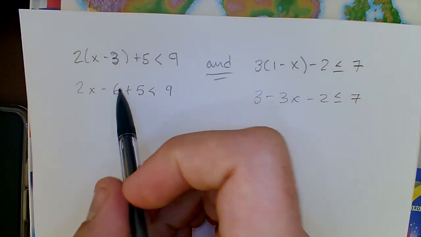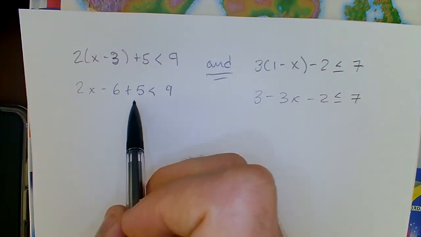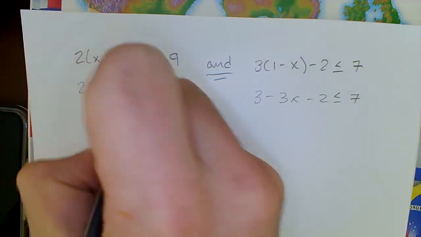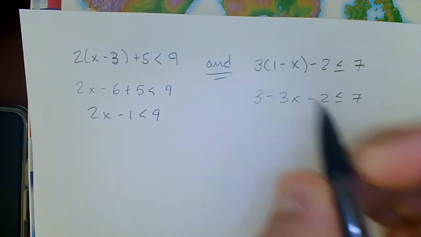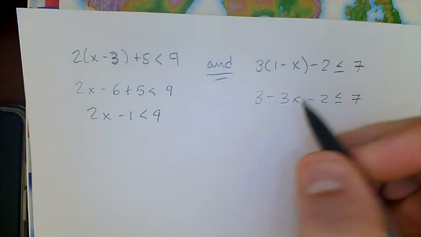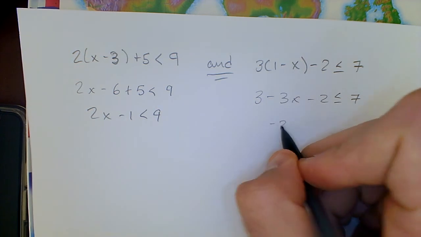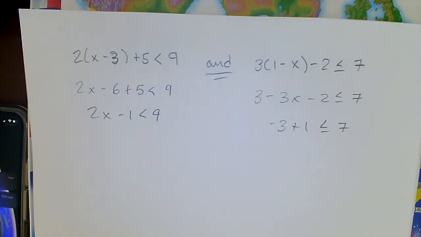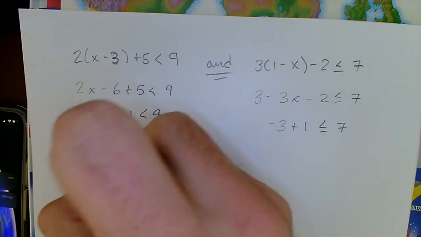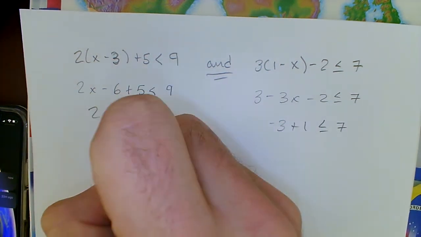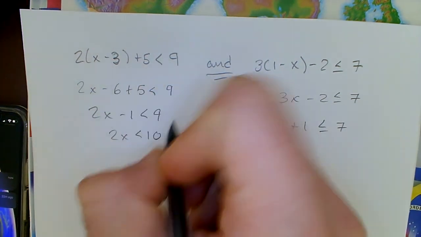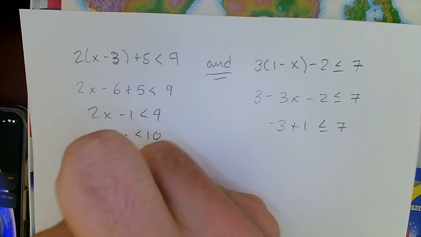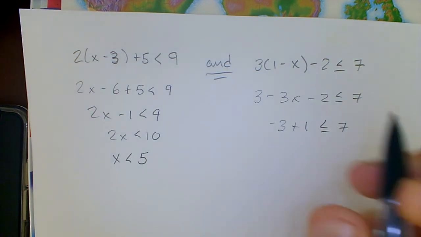Okay, so negative 6 plus 5 is negative 1, so 2x minus 1 is less than 9, and 3 minus 2 is 1, so we have negative 3x plus 1 less than or equal to 7. On this one I would add 1, so 2x is less than 10, and then we can divide, so x is less than 5.